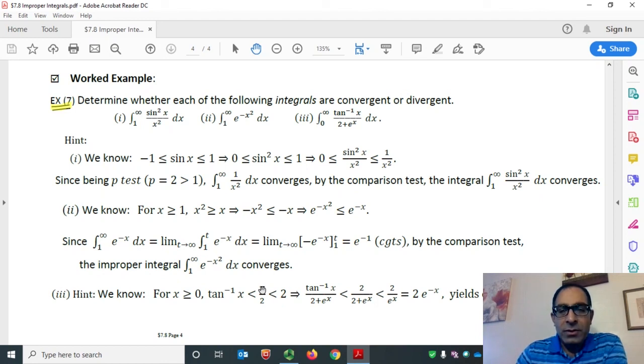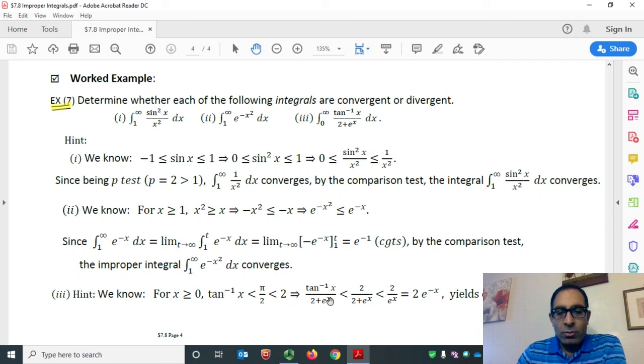Then look at the question. I have in my denominator 2 plus e to the x. So let's divide both sides by 2 plus e to the x since this number is positive. 2 is positive, and the exponential function is always positive. So this is a positive number, so the same inequality holds.